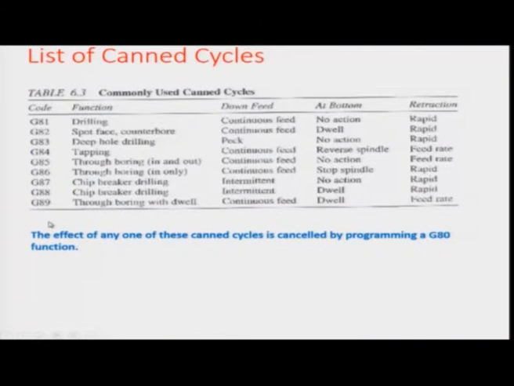There are many other commonly used canned cycles. It could be used for spot face counter boring, deep hole drilling, tapping, through boring, both in and out as well as chip breaking or chip breaker drilling, through boring with dwell, okay.